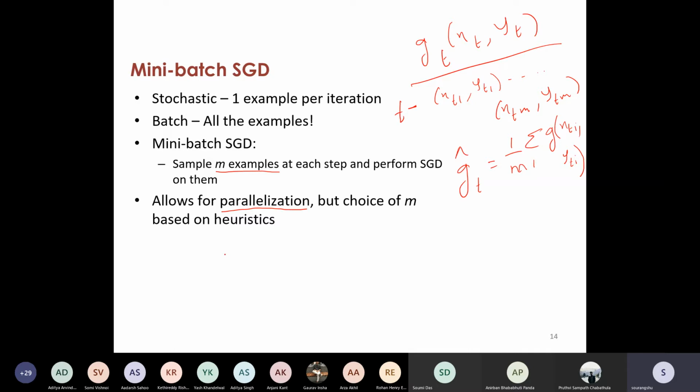So you can compute all these gradients for the entire mini batch of m examples in parallel, and then you can do the update. This is another advantage of using mini batch SGD.